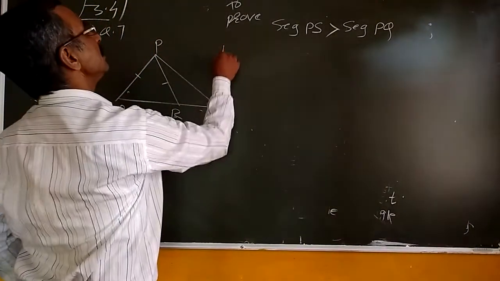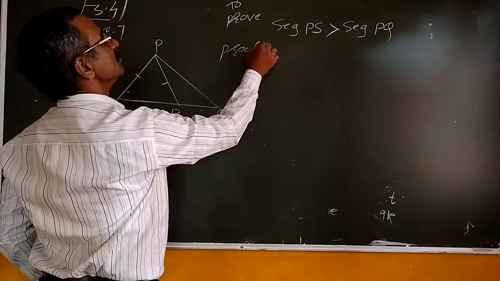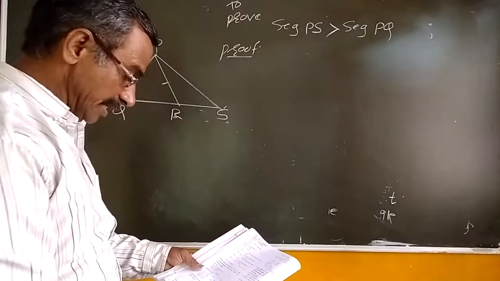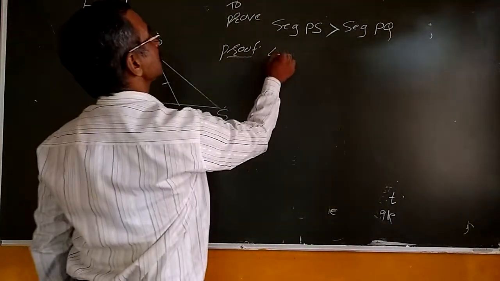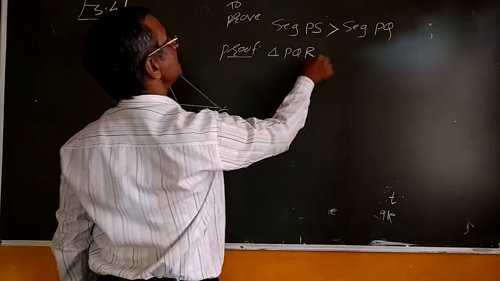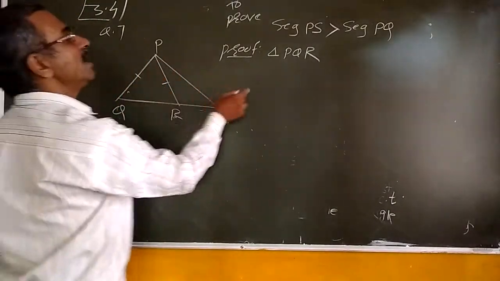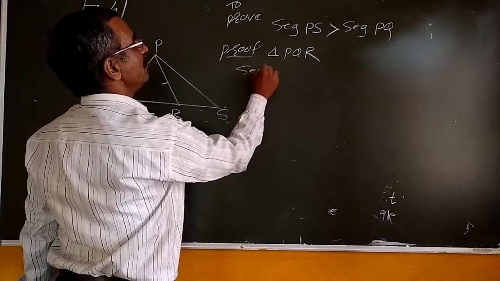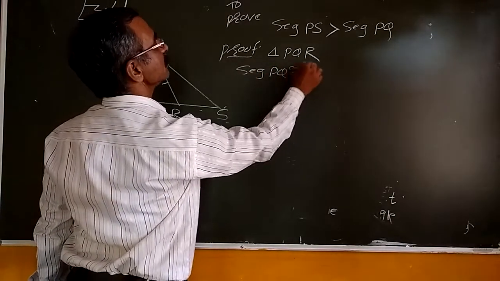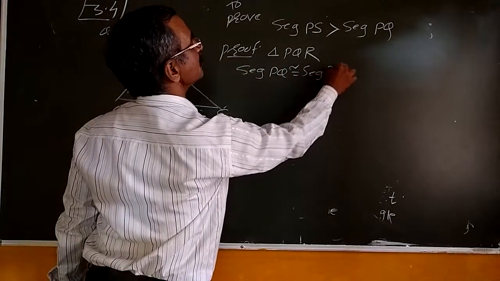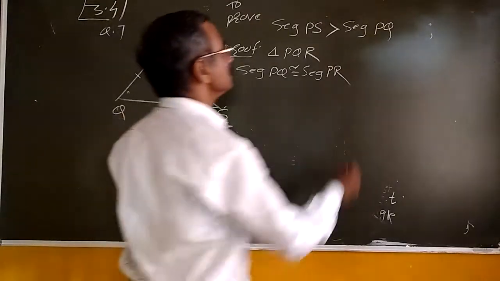For that we are writing the proof here. For proving it, firstly we will take the given information in triangle PQR. In triangle PQR, segment PQ is congruent with segment PR. This is the given.